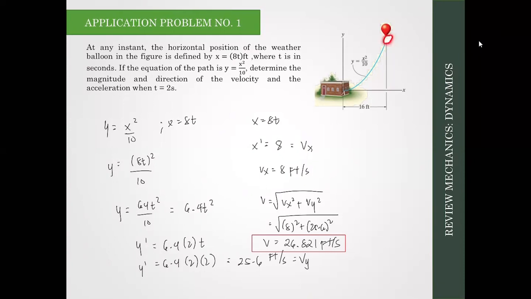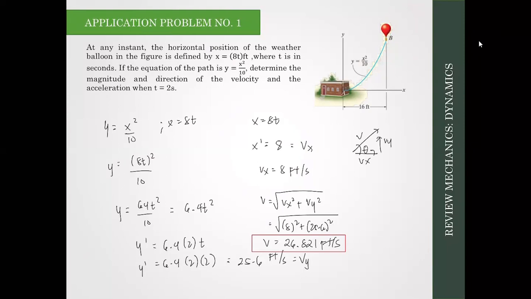Yung na-calculate talaga natin is yung velocity na yan. Tangential siya. Okay? And nalaman naman natin yung component niya. Ito yung x, ito yung y. So para makuha yung direction niya, Pythagorean lang tayo. Okay? So, di ba, ito yon yung v. Then ito yung vy natin, ito yung vx natin.